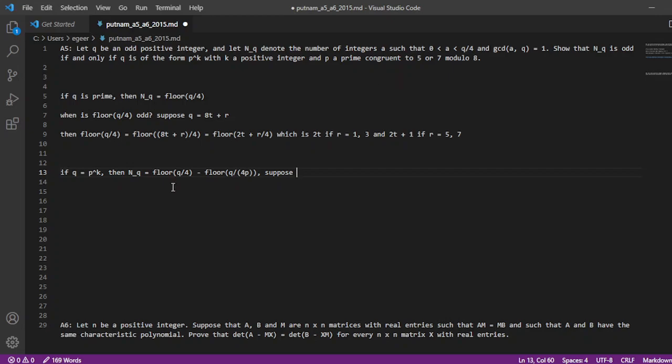Well, the problem now is if I assume that P is 5 or 7 modulo 8, I don't really get an expression for Q, so that's a slight problem. Anyway, I just want to characterize this in terms of what P is congruent to.